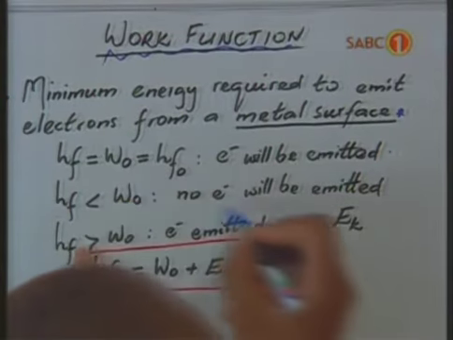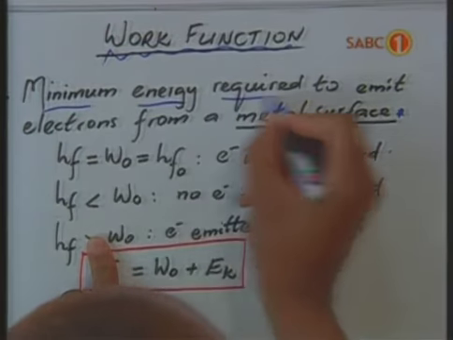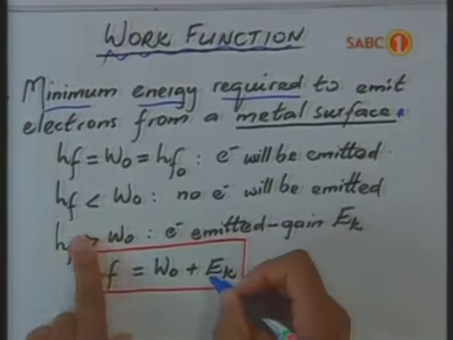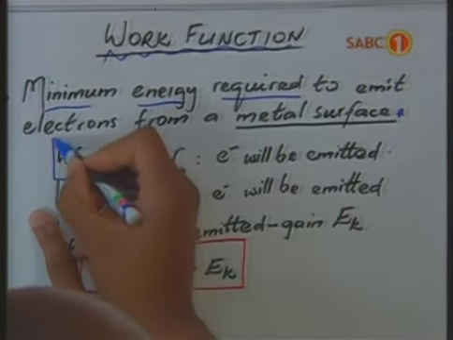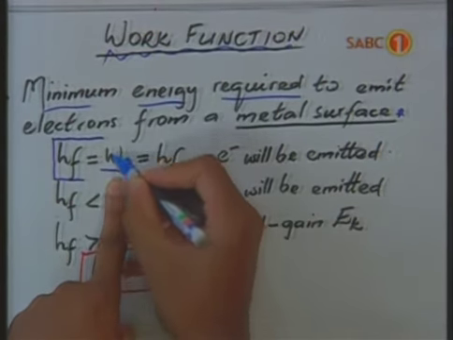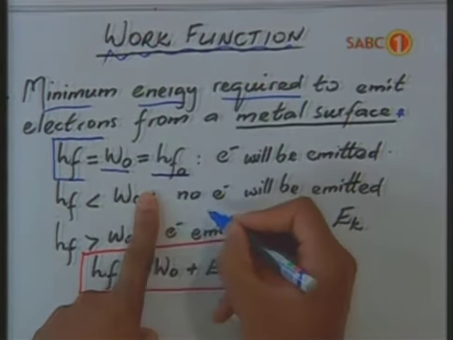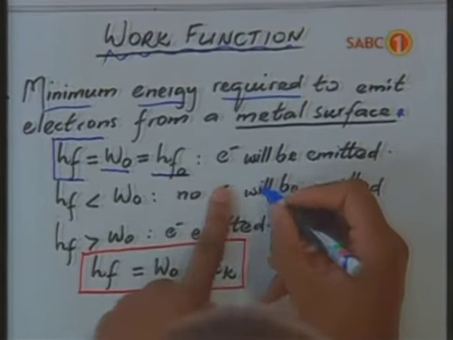Now, let's move on to something very important around work function. Like I've said, it is the minimum energy required to cause an electron to be ejected from a metal surface. If the photon energy is just that minimum, remember that the energy is hf, it will be equal to the work function. We use W naught as a symbol for work function, and that will be hf naught, the energy needed to remove any electron.